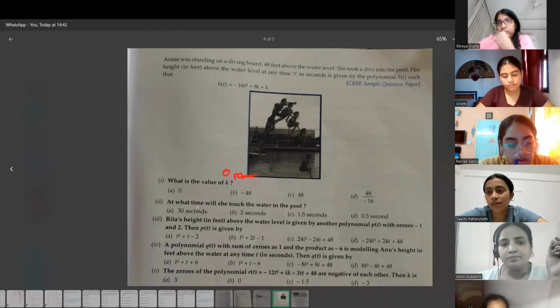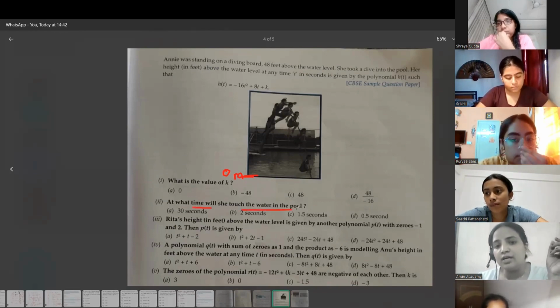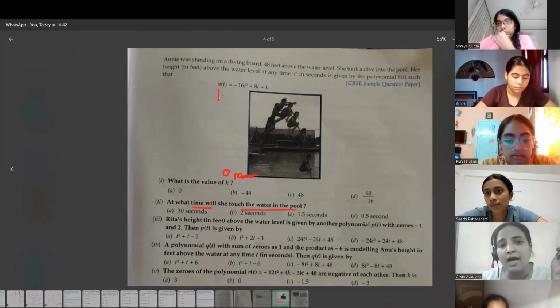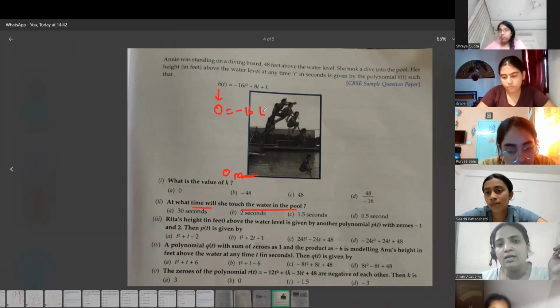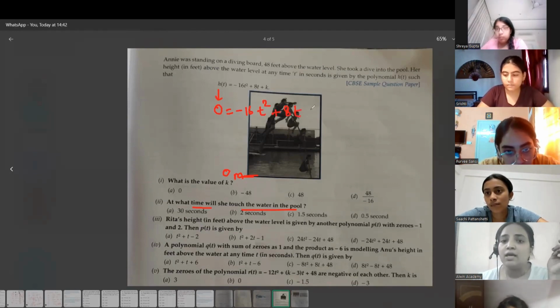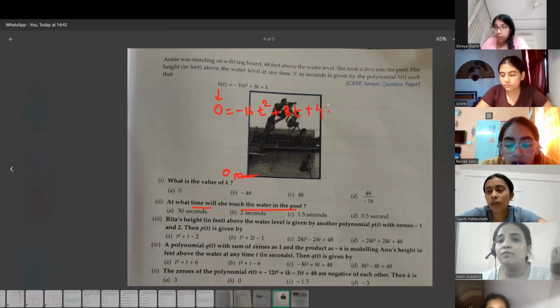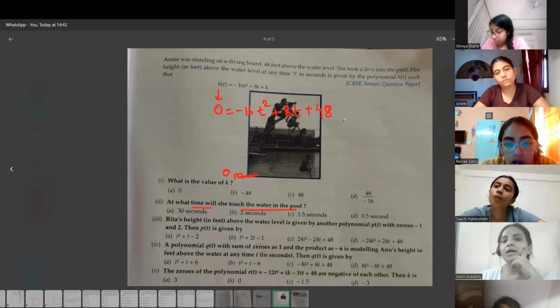And then they are saying, at what time will she touch the water level? So what will we do now? We will make height 0. Minus 16 t squared plus 8t plus k. Plus k is what? What is the value of k? 48. Right or not, bachche?